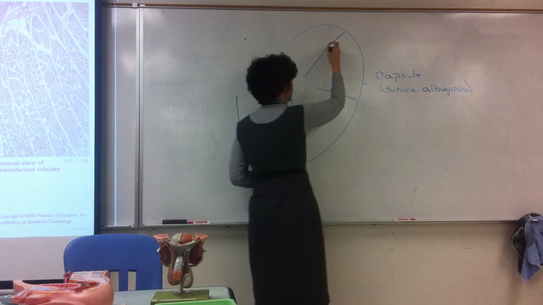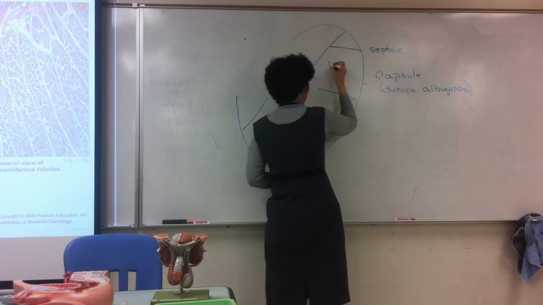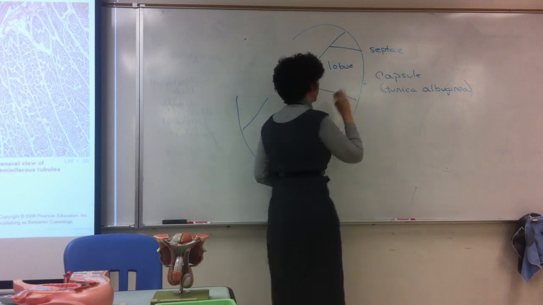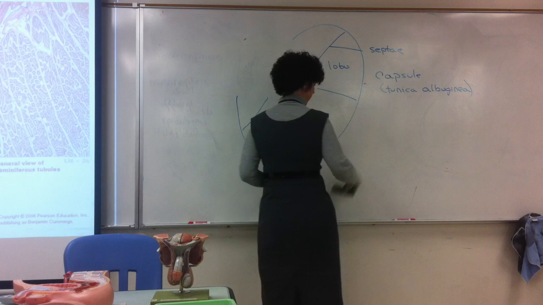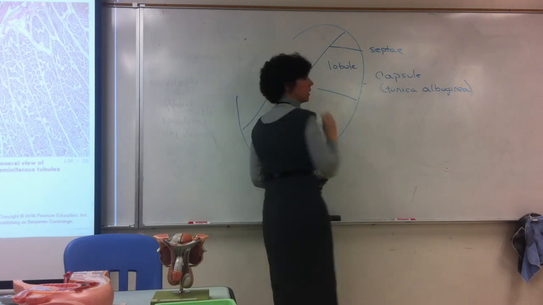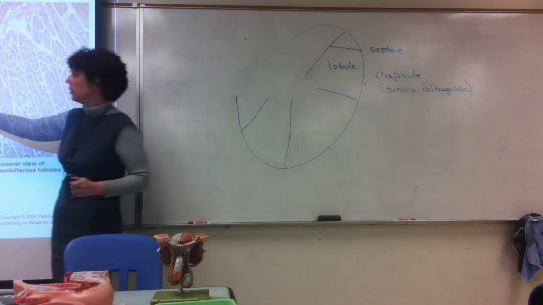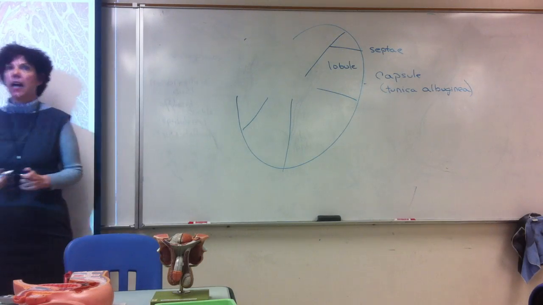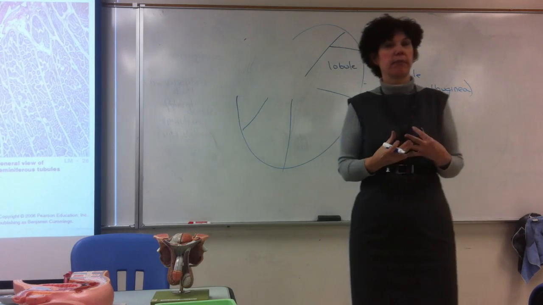And then these would be the septi, and a lobule. So each individual lobule is going to have about 16 to 20 seminiferous tubules.